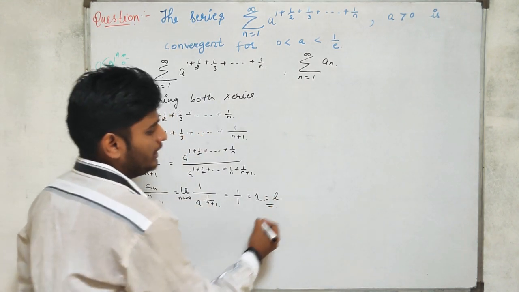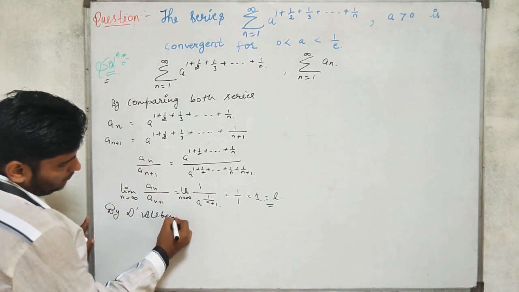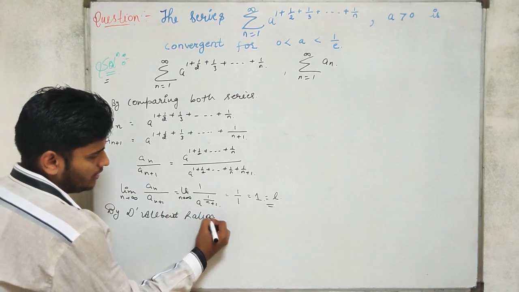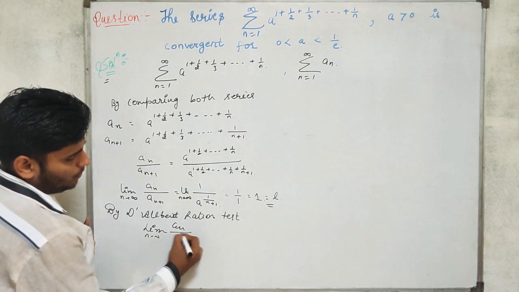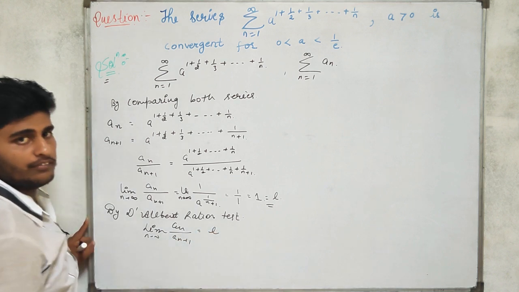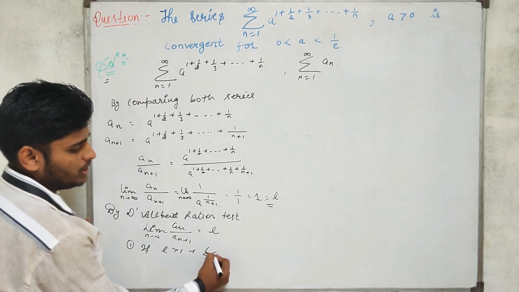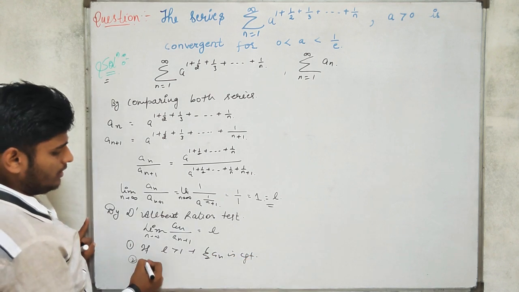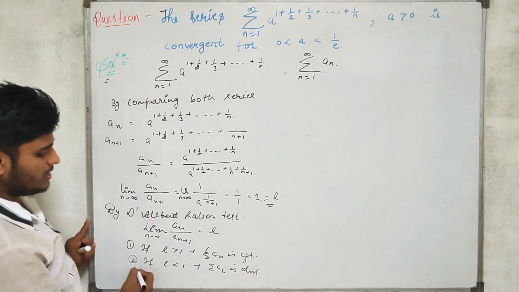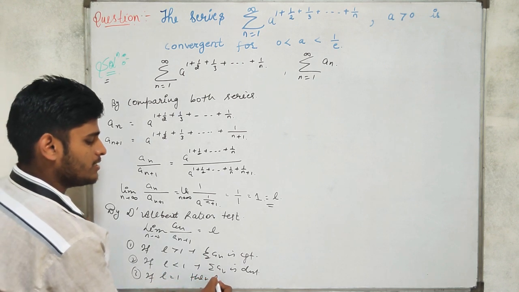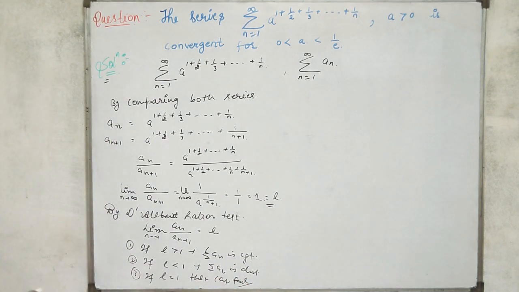What is the statement of D'Alembert ratio test? By D'Alembert ratio test, if limit n tends to infinity a n upon a n plus 1 is equal to L, then if L is greater than 1, the series summation a n is convergent. If L is less than 1, then this series a n is divergent. And in the third case, if L is equal to 1, then the test fails. We cannot decide whether the series is convergent or divergent.